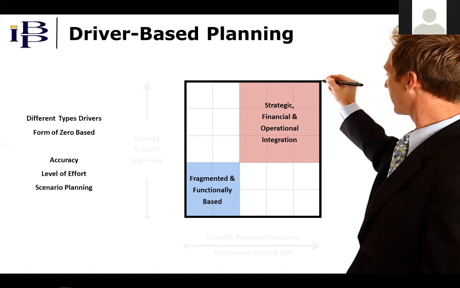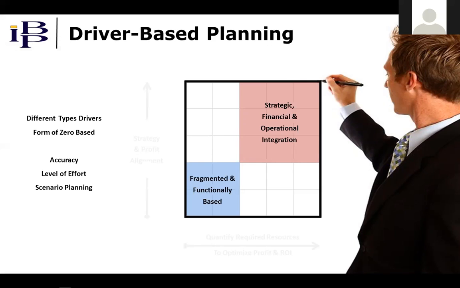And as we talked about these processes, one of the things we talked about were different types of drivers. One of the things that companies are talking about is zero-based planning or zero-based budgeting. And zero-based budgeting to me is just a means of connecting what I want to achieve with the resources I require.